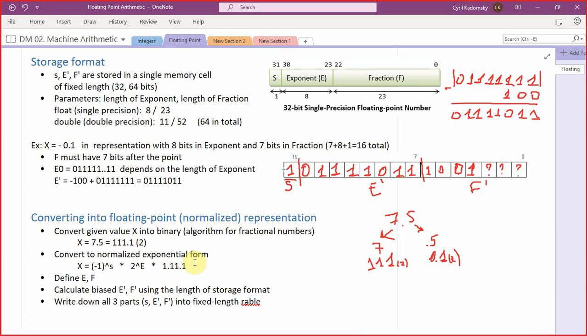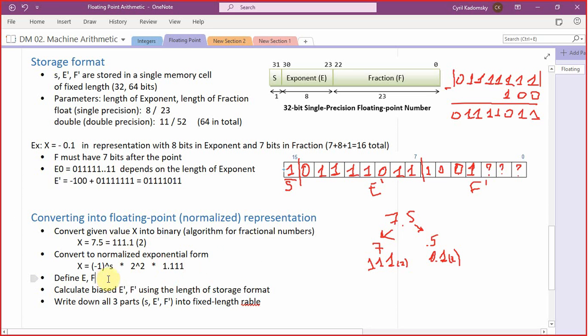So the exponent is equal to 2. Actually, the exponent is just the difference of positions in which we have the points in normalized and denormalized form. So in binary, finding the exponent is really easy.